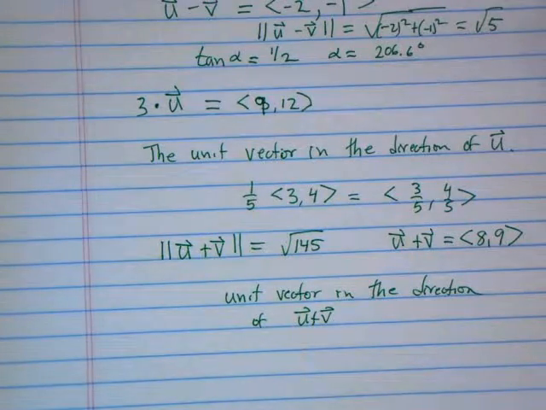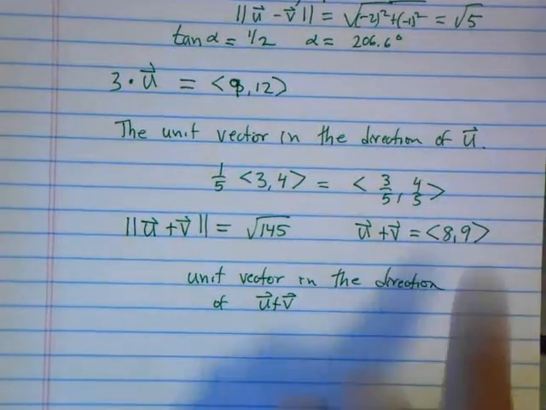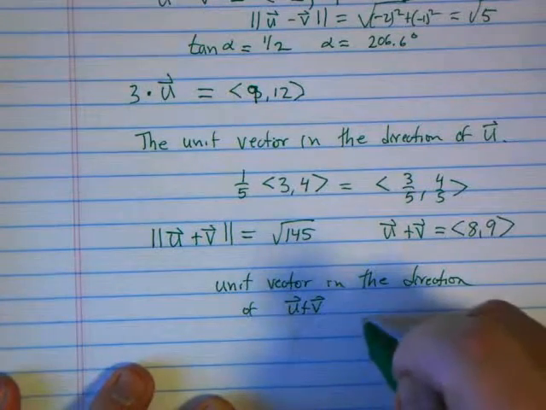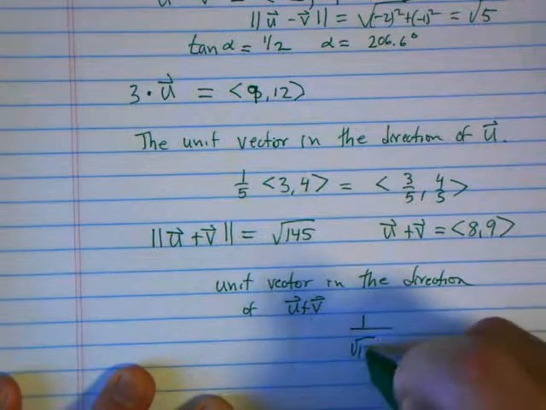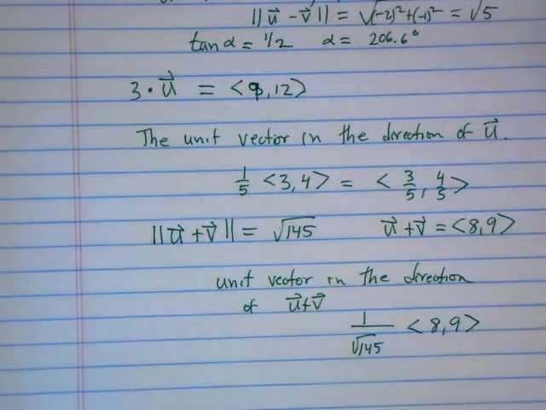So how would I find a unit vector that's in the same direction as the vector 8, 9? Multiply it by 1 over the square root of 145. That's correct. I simply take my original vector and divide it by its length. So the answer would be 1 over the square root of 145 times 8, 9. And typically we leave our answer just like that, especially when you get an ugly square root like that. You just leave the ugly square root out front.